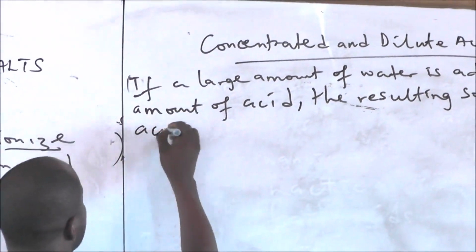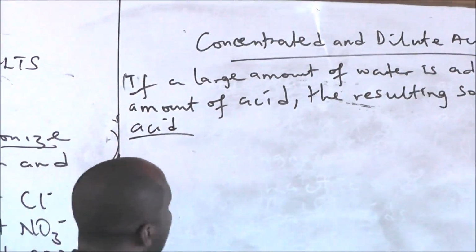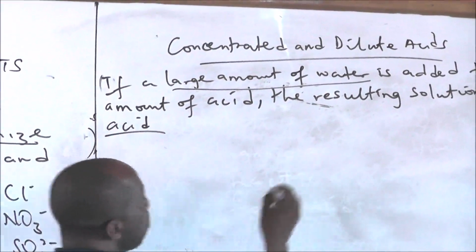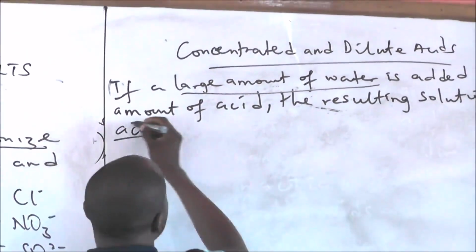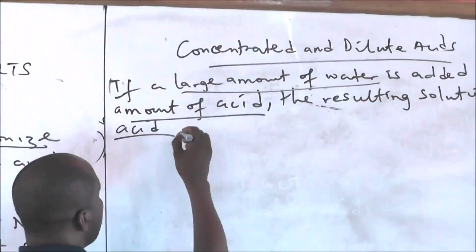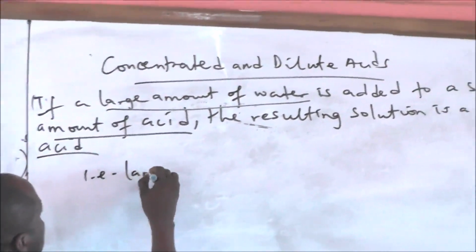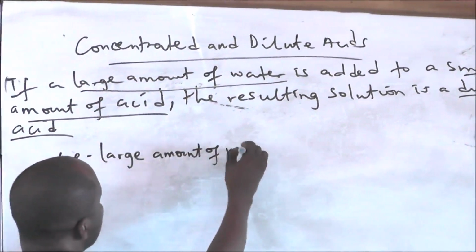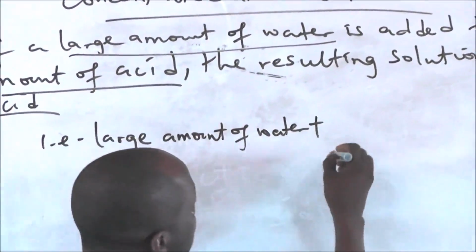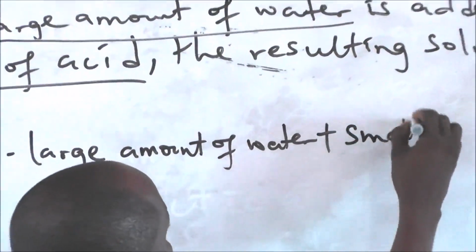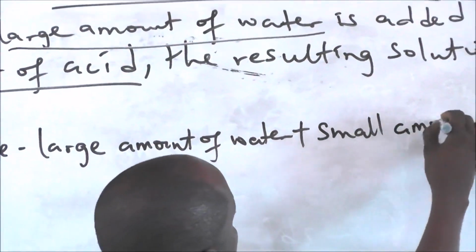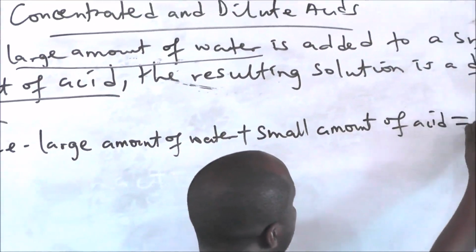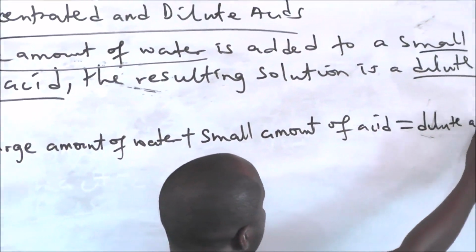Take note of that word. You have a large amount of water added to a small amount of acid. Let me put it this way: large amount of water plus small amount of acid gives us dilute acid.